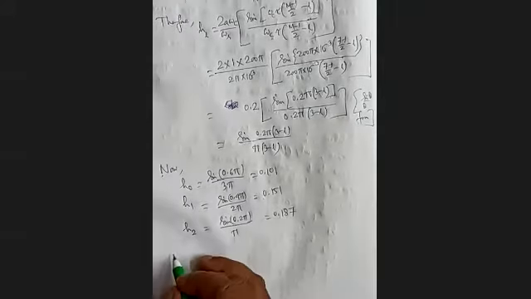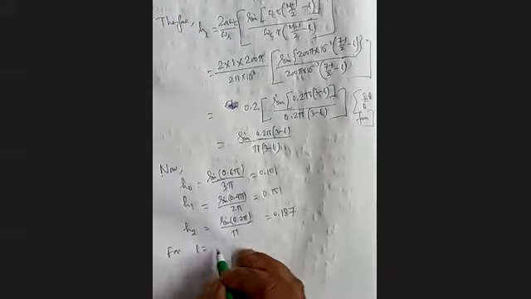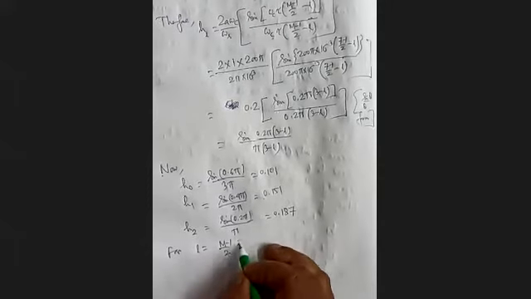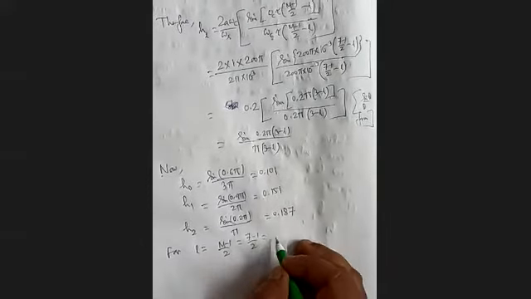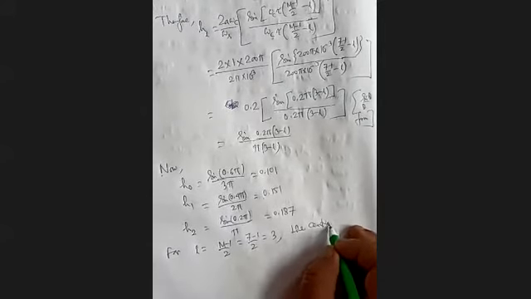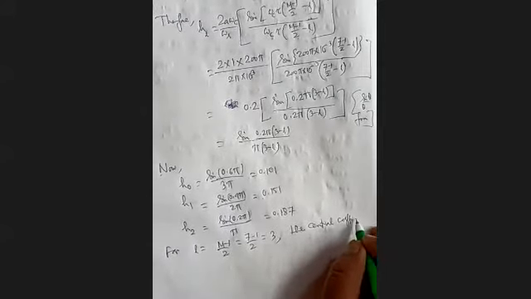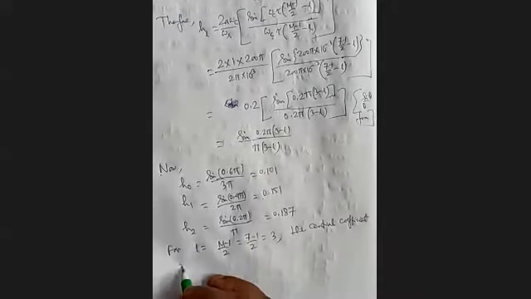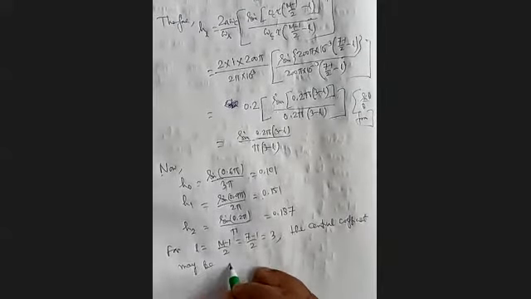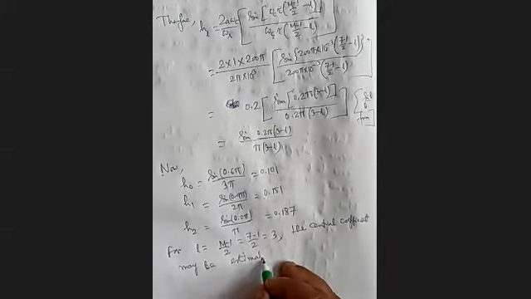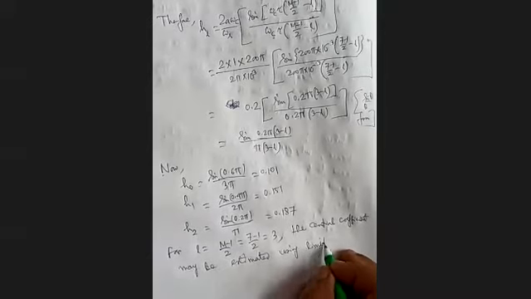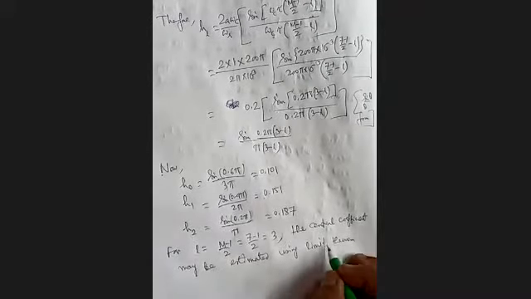For L equal to m minus 1 by 2, or 7 minus 1 by 2 or 3, the central coefficient may be estimated using limit theorem. I am writing this way just so that by reading the notebook at home, you can find out everything.